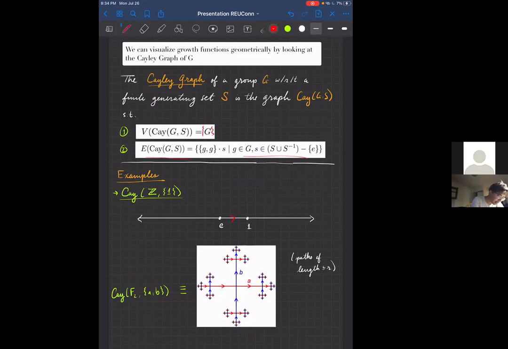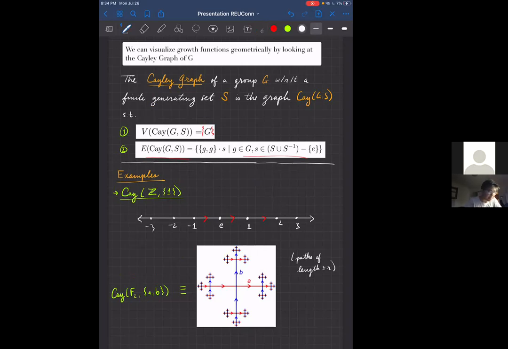If we apply it twice, we reach 2. And similarly, we can apply the inverse of the generator to get -1, -2, -3, et cetera. And so you can already see that this is a nice way of trying to understand geometric properties of groups, which are not a priori geometric objects.